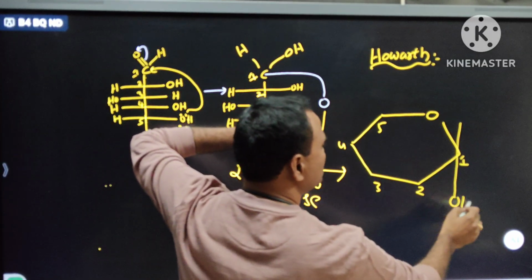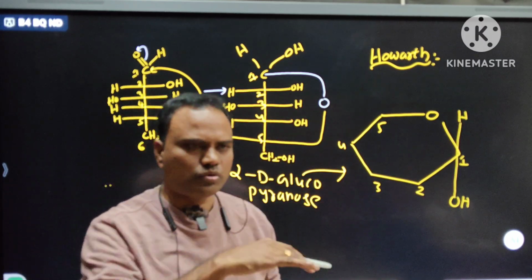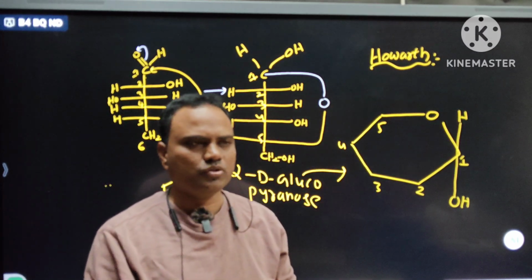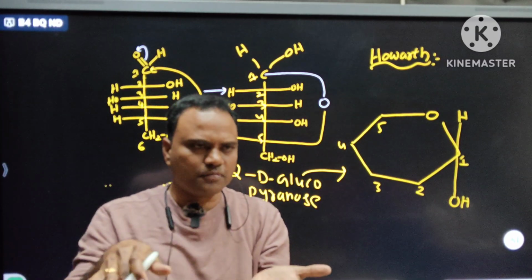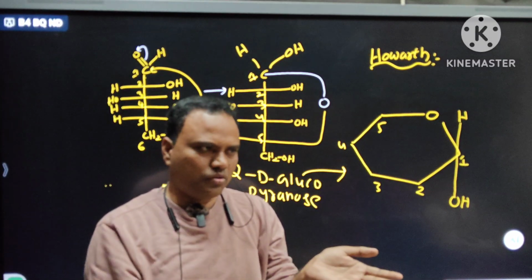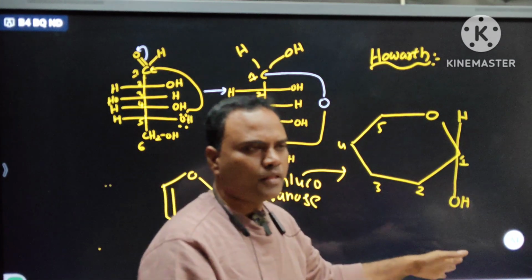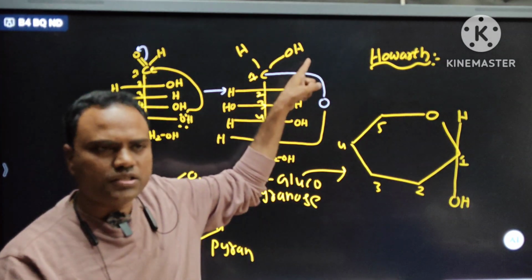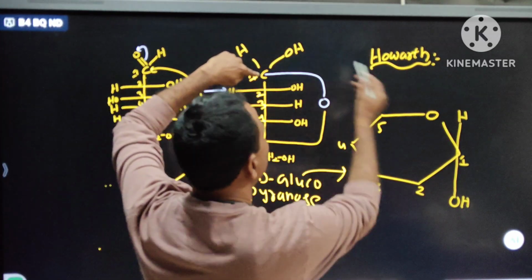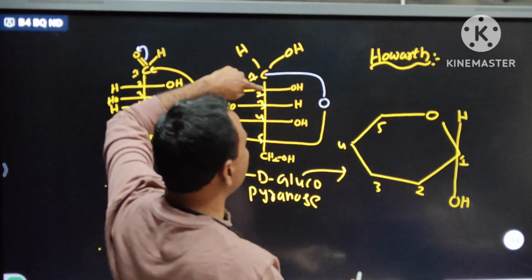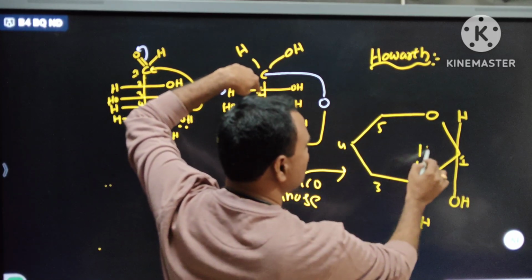Right. At the first carbon, OH is present on which side? Right side. So the groups which are on the right side should be present below the plane, below the ring actually. Consider this a 6-member ring, with below the ring and above the ring. The groups on the right side will come below the ring. At the first carbon, OH is on the right side. At the second carbon also OH is on the right side, so OH is down.